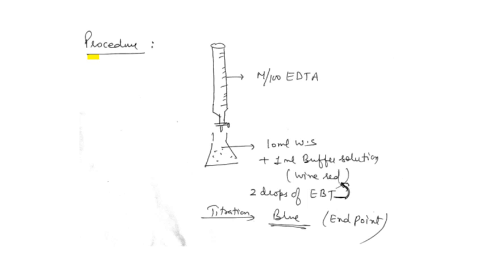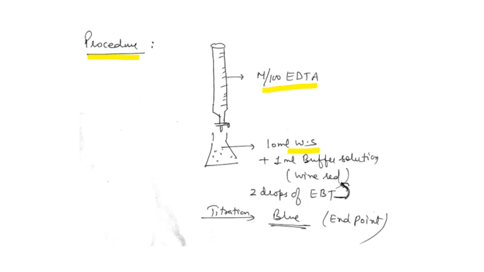So having seen all the roles of the reagents and the reactions involved in the method, we can apply it in three simple steps. We take the standard EDTA solution in the common equipment of volumetric analysis, the burette, and in the conical flask we take 10 ml of the hard water sample.